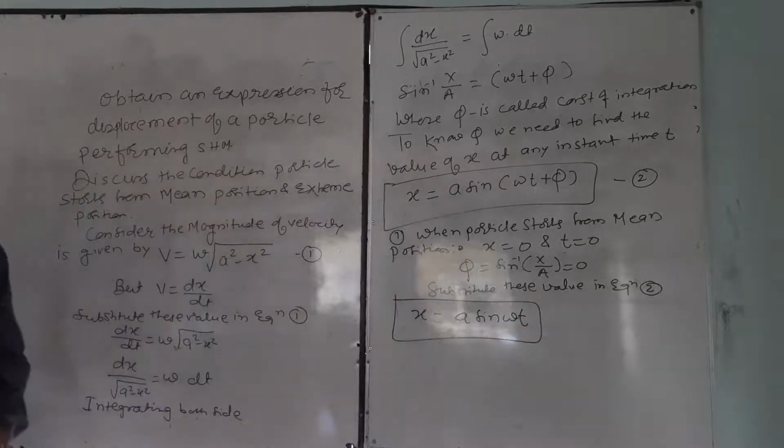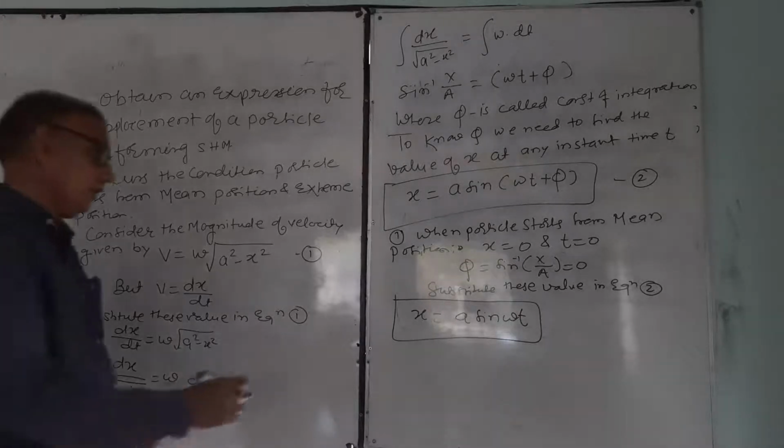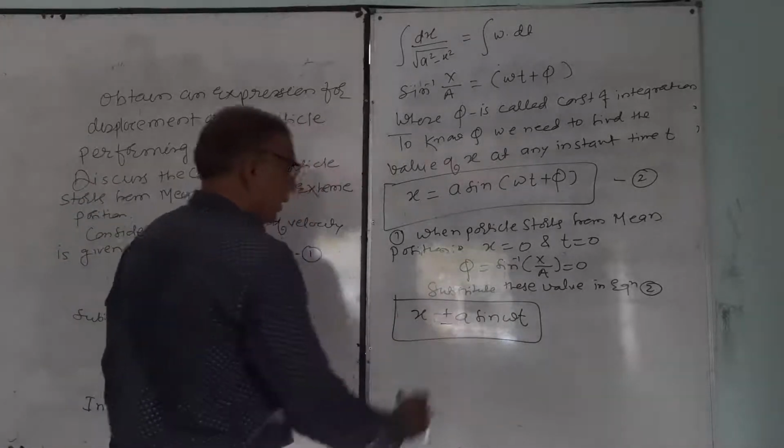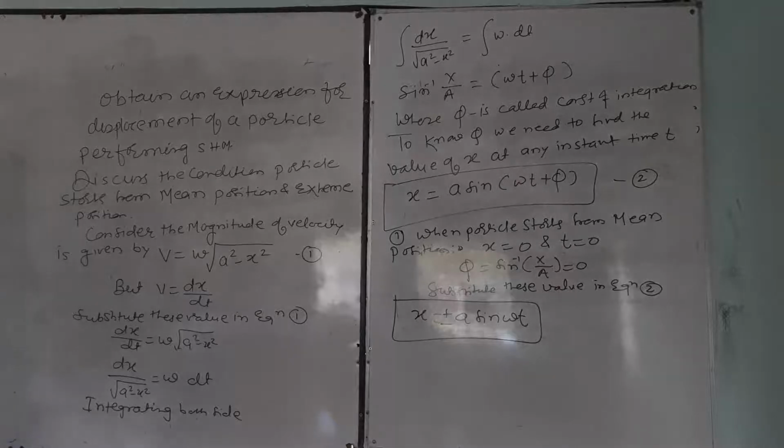So when the particle starts from mean position, x is equal to plus or minus a sin of omega t.